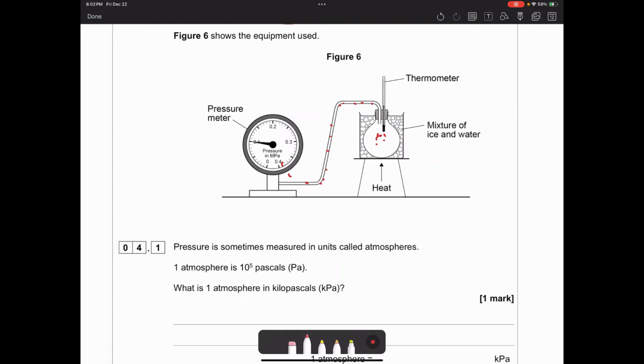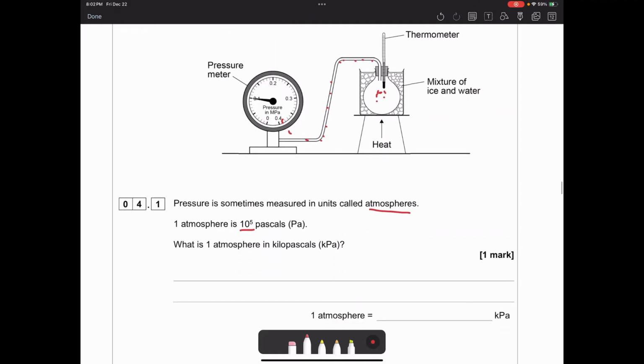Pressure is sometimes measured in units called atmosphere. 1 atmosphere is 10 to the 5 pascals. What is 1 atmosphere in kilopascals? So if you've been told 1 atmosphere is 10 to the 5 pascals, I would personally just put that into a normal number. So 10 to the 5, you move your point along 5 times, 1, 2, 3, 4, 5, so that is 100,000.